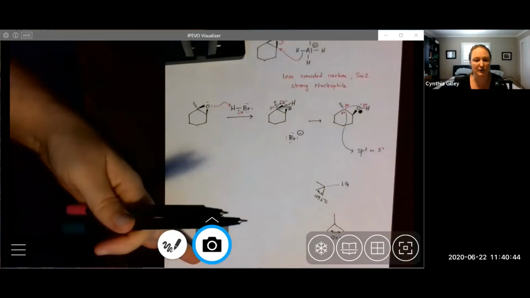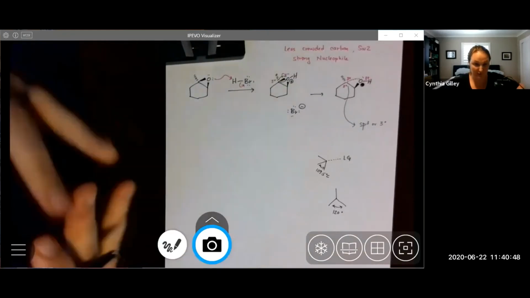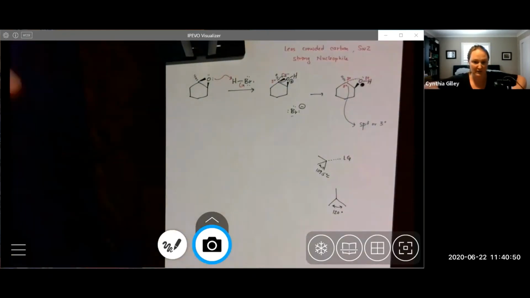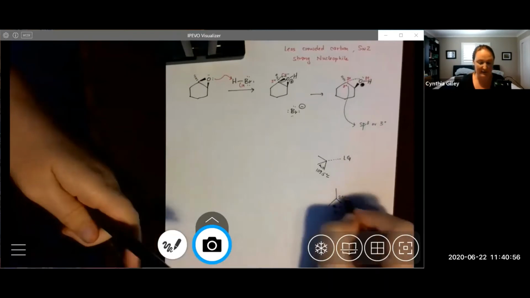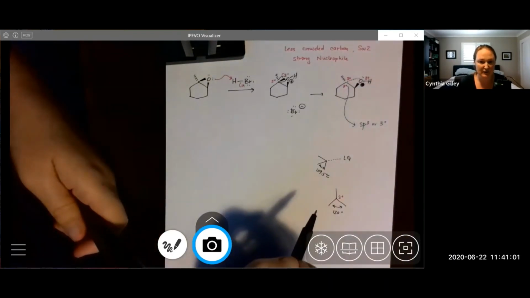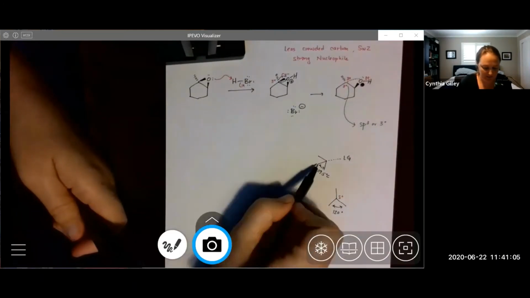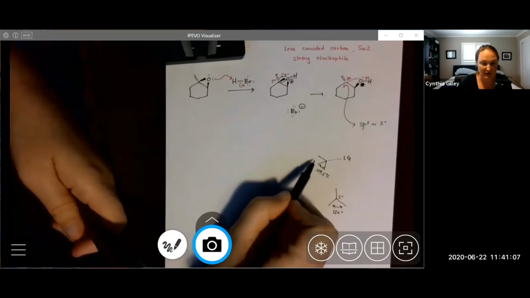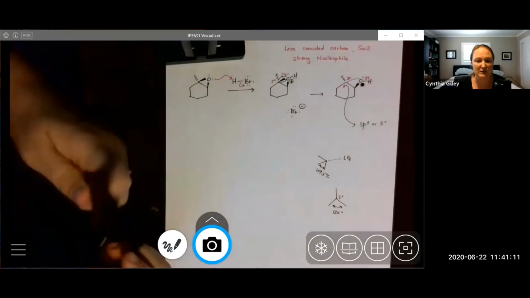So they want to get further away from each other. The umbrella starts to open up, so to speak, and we end up with the groups further apart. What does that mean? That means there's more room for backside attack. So if a nucleophile needs to come in, it doesn't have to compete with these groups that were really close together, because they've already started to open up to a planar situation.